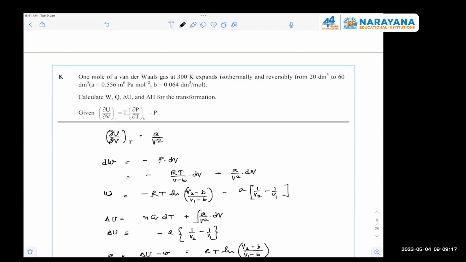Using the van der Waals equation. Okay, using the van der Waals equation, using A and B. So you numerically calculated it, right? Yes, sir. Okay, see this solution, and quickly tell me, all of you, it's open to you. See if you can find anything wrong with this one. Have you got delta U by delta V at constant T is A by V square?